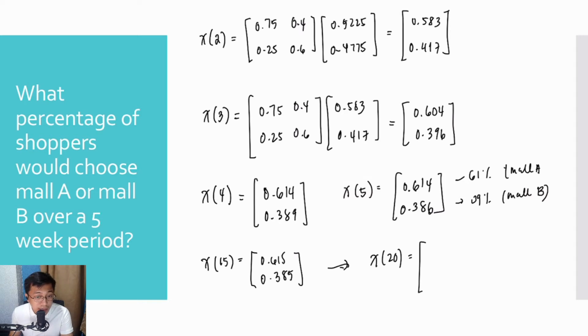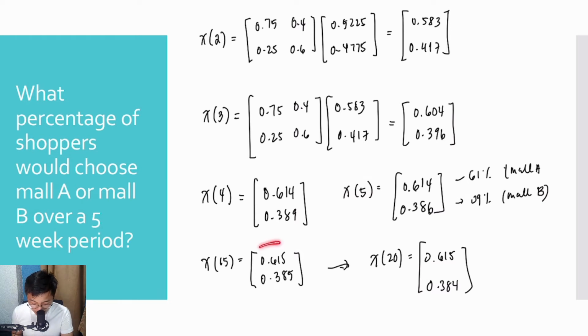If we extend the time to 20 years, this is the state vector. It will be 0.615, 0.384. So what happened here? We noticed that as we have a bigger value of time, each value of the state vector seems to stabilize.